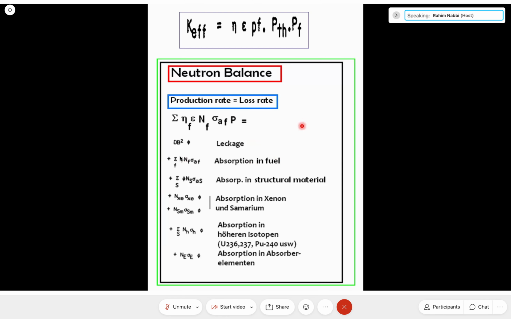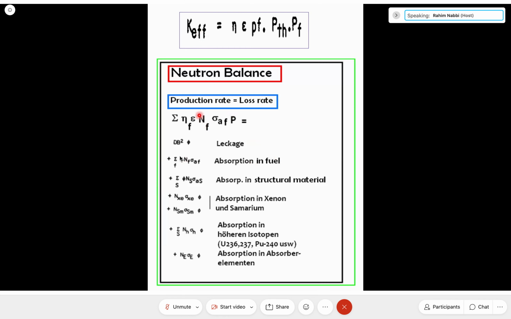From the operational point of view, the multiplication factor is very important. Otherwise, if you don't know how big it is and how it changes, it is not possible to operate a reactor, because the shutdown system has been designed according to the change in multiplication factor due to fission and absorption, and any changes in the design or operation of the system.